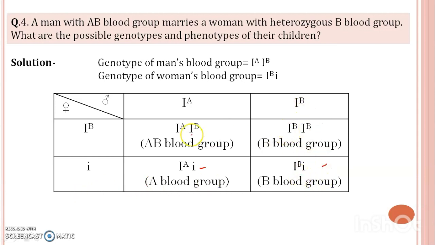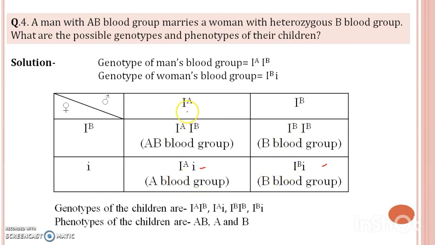Okay, so these are the four genotypes of the children. So the genotypes of children are IAIB, IBIB, IAi and IBi. And if we get the genotype, we will find the phenotype also.